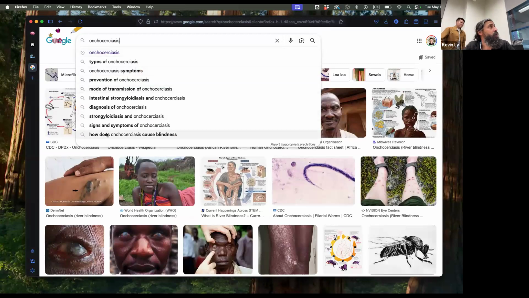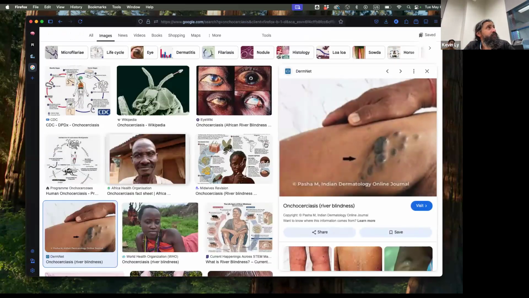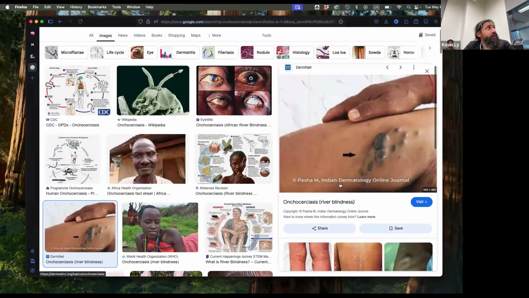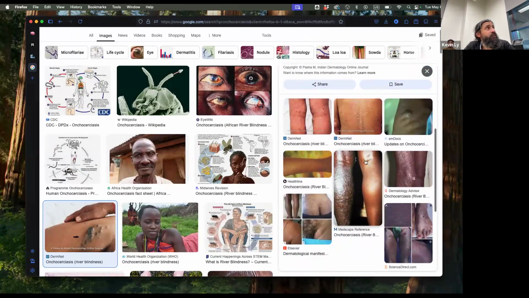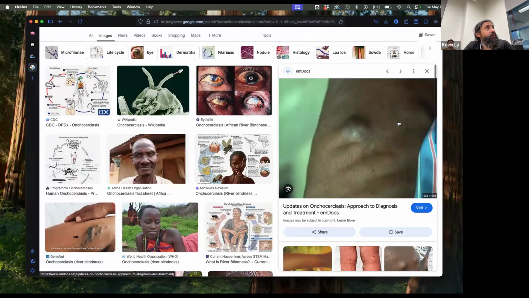Okay, onchocerciasis nodules. The worst case is when it shows up in your eye, but you want to catch it at this point. These are very clear, but you have this nodule, a person shows up and you don't know what it is.